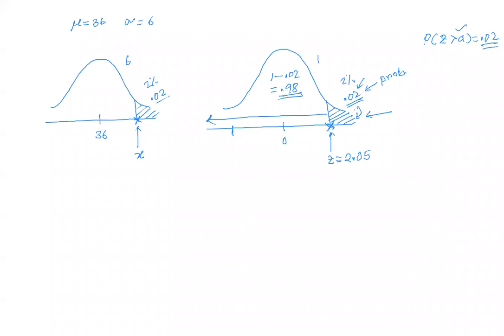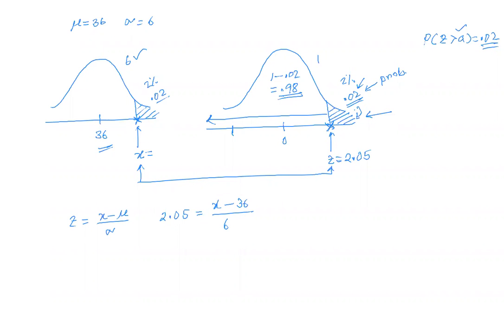Okay. Now, this point corresponds to this point in terms of mapping. So Z is equal to X minus mu over sigma. Now Z is 2.05, so 2.05 is equal to X, the number we are looking for, minus mu, which is 36, the mean, over the standard deviation, which is 6 months, so 6.